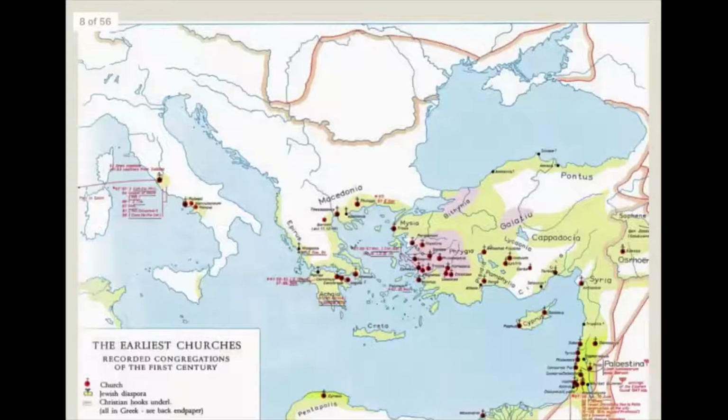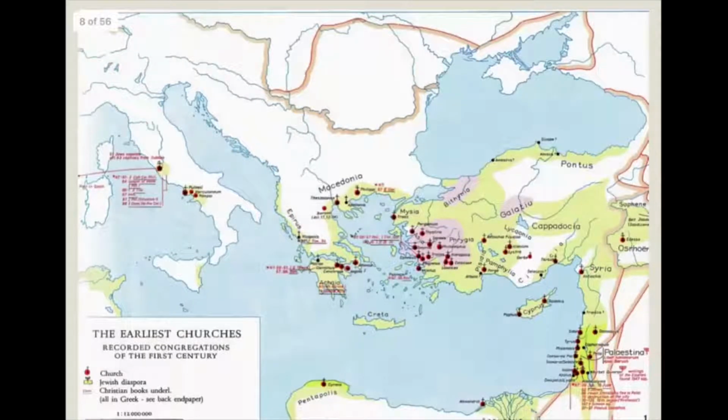One other thing I wanted to mention as I bring up this map is that part of the diaspora, where the Jews got dispersed throughout the different Babylonian, Assyrian empires, is that they built these synagogues, and it actually really helped the spread of Christianity.